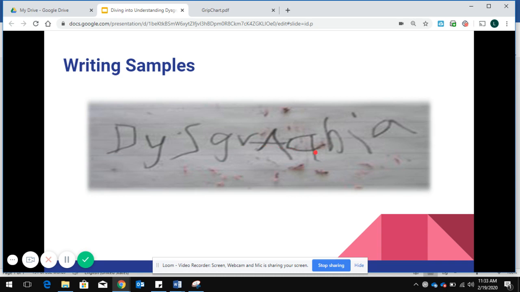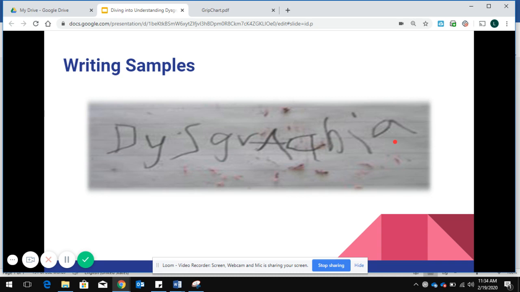We also see a mixture of lowercase and uppercase letters. Then look at the spacing. Look at how much spacing we have here within these letters, and in here, not so much, right? And then look at the anchoring of the letters. They are not anchored to the line. They're kind of floating. And look at this A way over here, right?